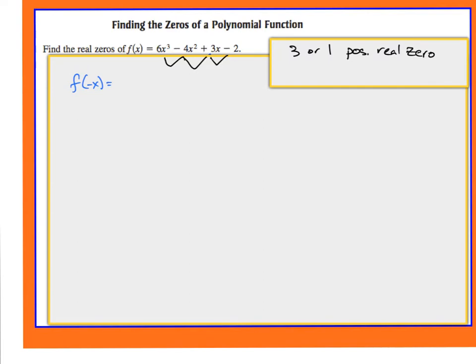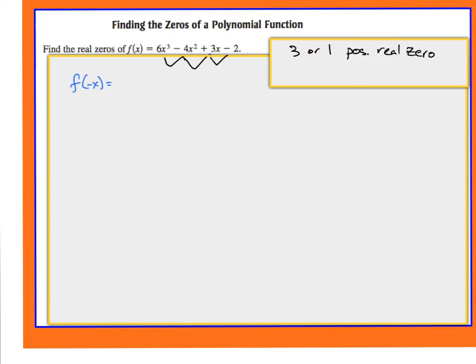When I test for negative real zeros, I substitute a negative x in, just like when we test for even and odd functions. If it's an odd power, the negative gets to come out to play. If it goes into an even power, it stays what it is.